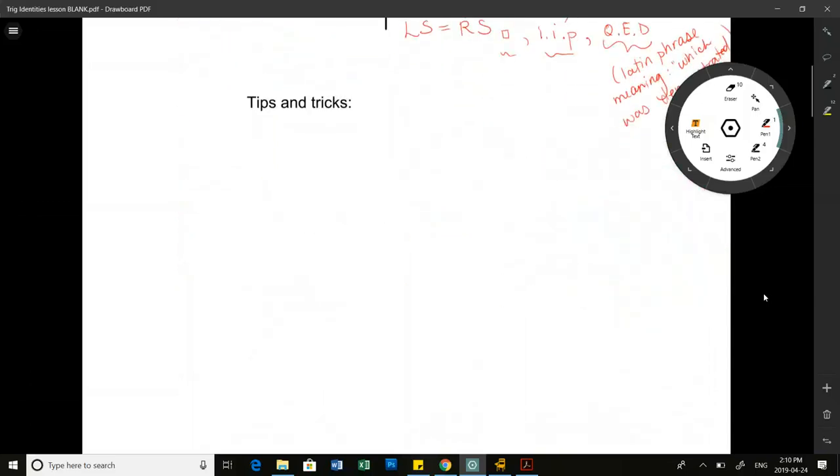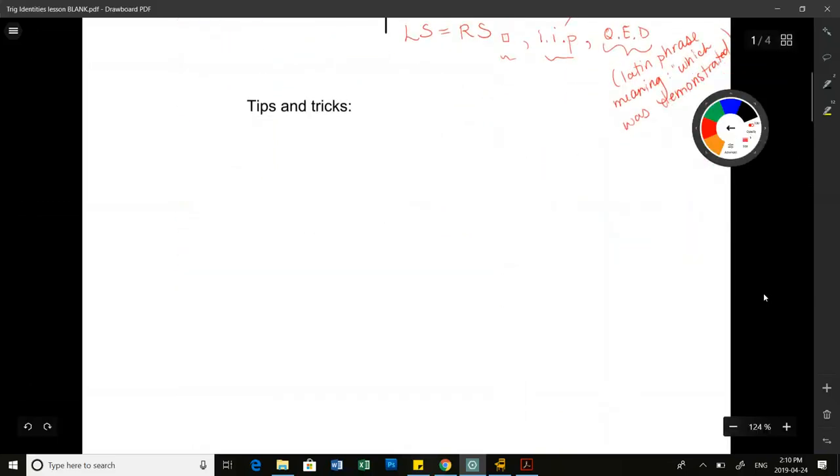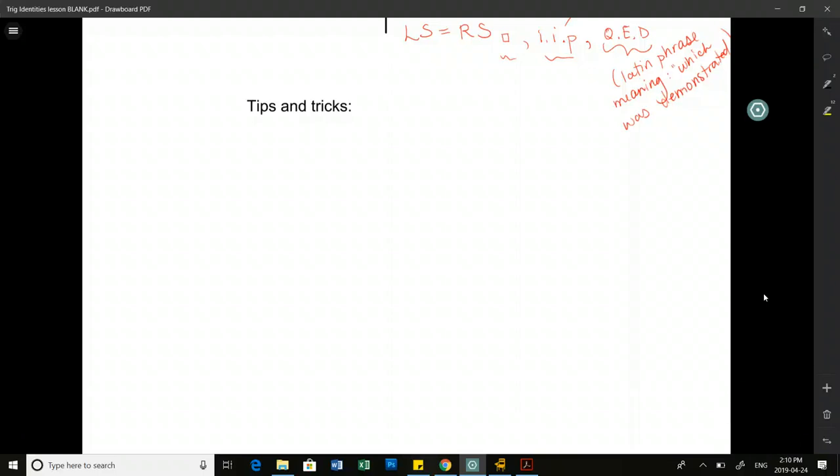Okay. A couple of tips and tricks that I think will be really helpful for you guys before we start some of these questions. And again, some of the stuff will make more sense once we actually start to do questions. But I would say the biggest tip that I have for you when you're proving trig identities is, there's lots of different trig ratios that we can use, right?